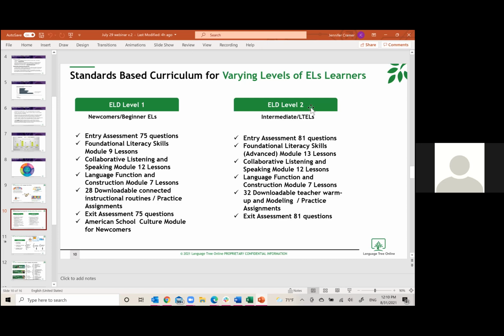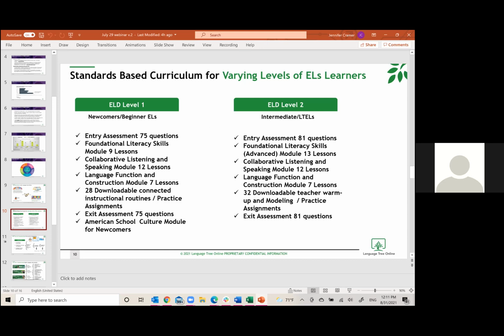In our level 2, and just to let you know too, the curriculum was written as a continuum. So it starts with ELD Level 1, and then it was written as a continuum with ELD Level 2. And the Level 2 is really geared more towards our intermediate or our expanding English learners and for our long-term English learners. It's set up and structured the exact same way.